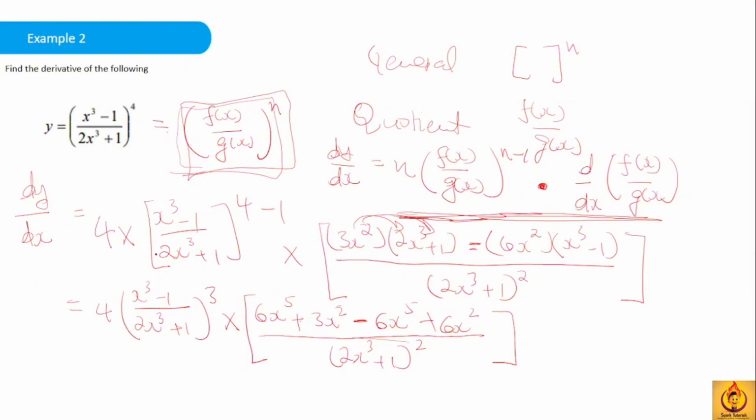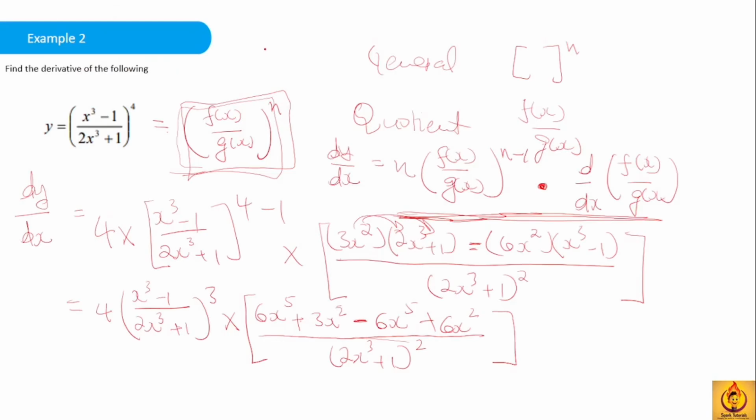Okay. So, what we're going to do now is simplify this. We're going to put this as it is, and then simplify this and look at a way forward. So, that is going to be equal to 4 multiplied by (x cubed minus 1) squared over (2x cubed plus 1) cubed, multiplied by 6x to the power 5, right?